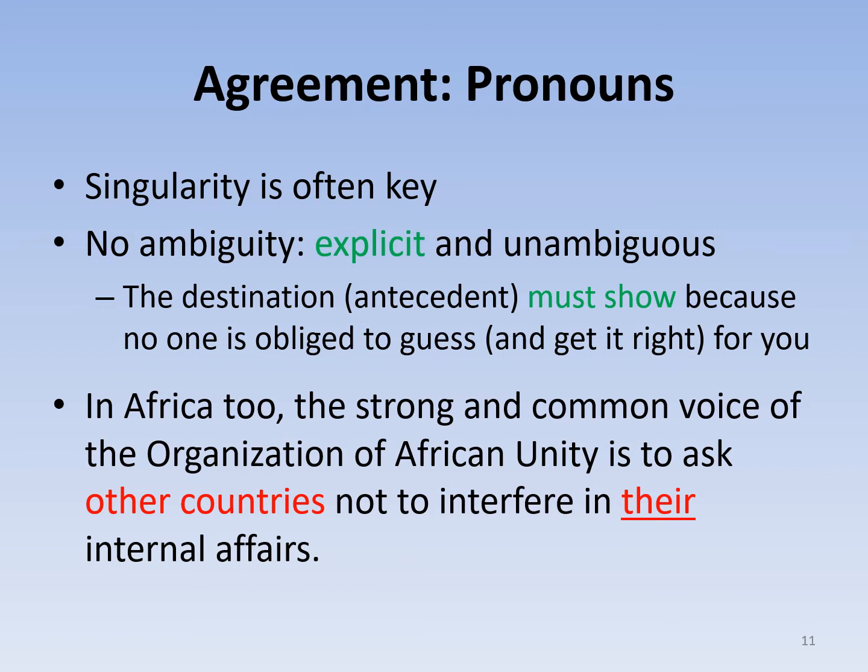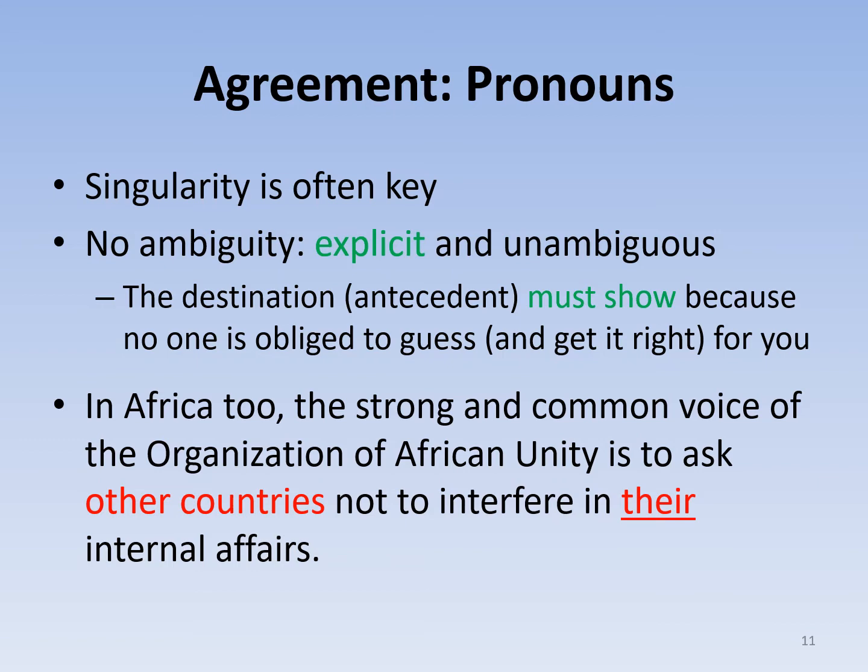"In Africa, the strong and common voice of the African Union is to ask other countries not to interfere in their internal affairs." So this plural pronoun is going to point right over there to other countries. Why would the African countries ask other countries not to meddle with their internal affairs? This doesn't make sense, right?